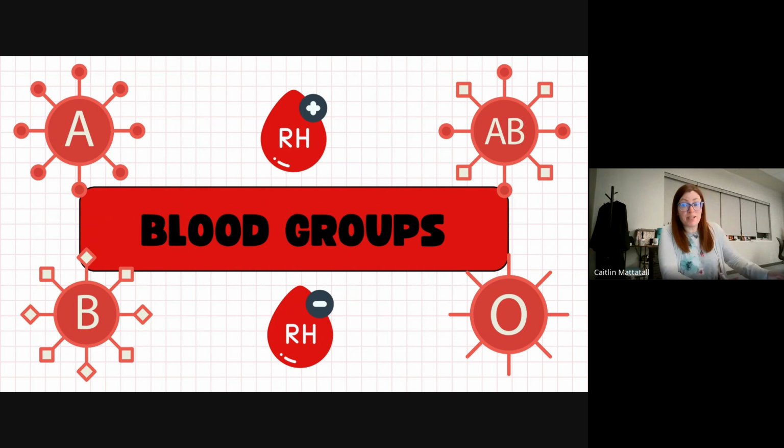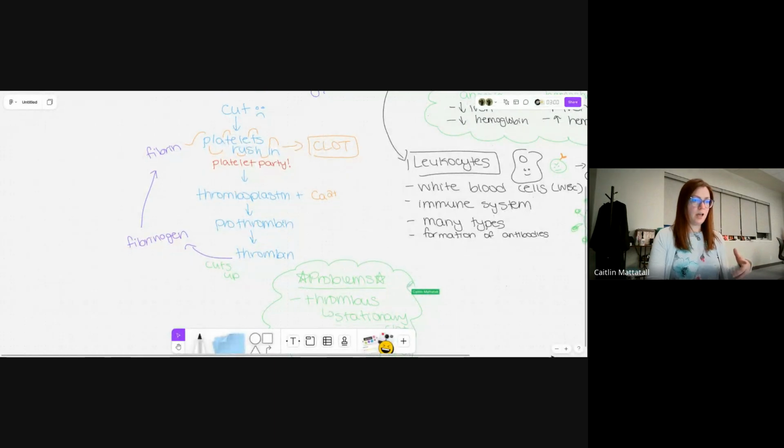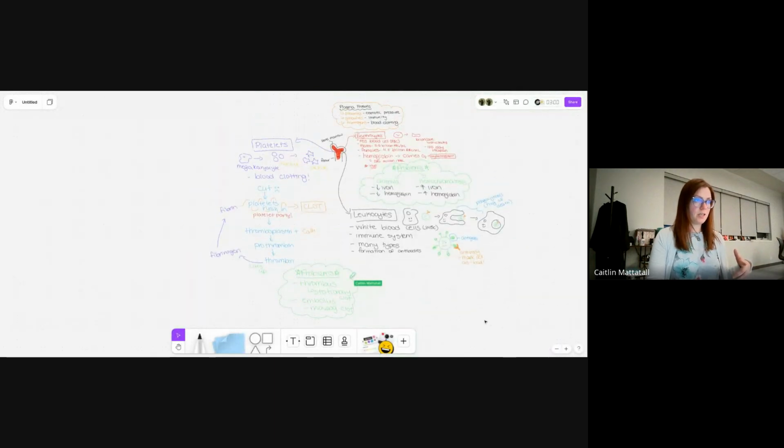So that's components of blood. Again, it is a lot of information. I understand it's a lot of information. So for the rest of class, whatever time there's left, I want you to take this information. I again have it all on this little document here that I will share as a PDF on Google Classroom that you guys will have access to.